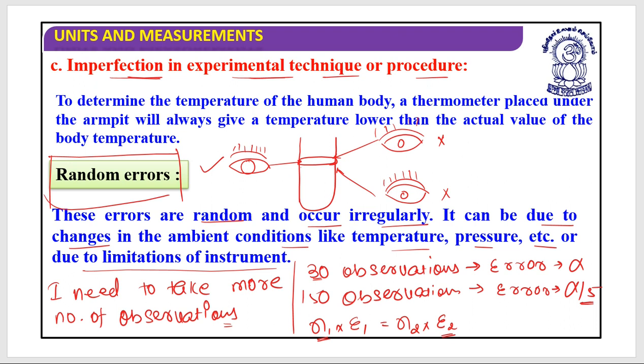I need to take a more number of samples, more number of measurements. As soon as I take more measurements, I can reduce the random errors. By what factor it will reduce, you can calculate with the help of this: N1 into E1 is equal to N2 into E2.